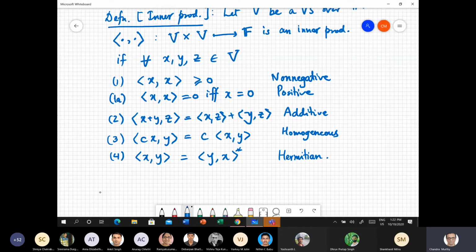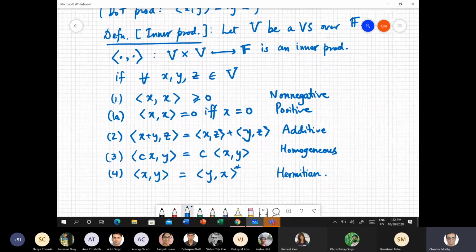Sir, these two vectors can be from different subspaces, right? No. Here it's defined for a vector space. Sir, like how we check orthogonal complement subspaces, for that we use inner product equal to 0, right? Right.